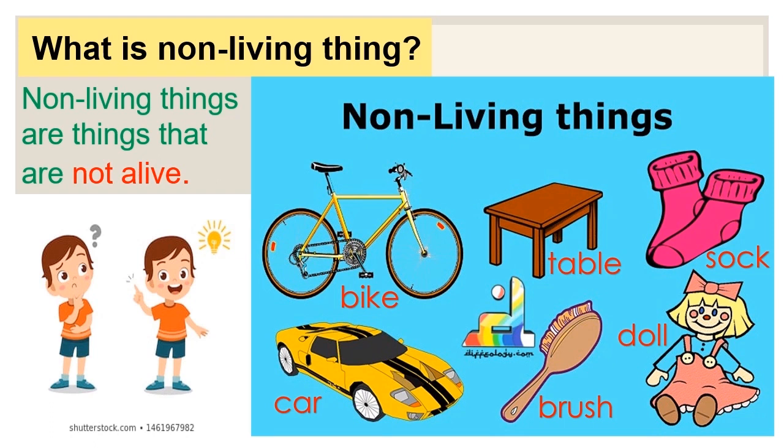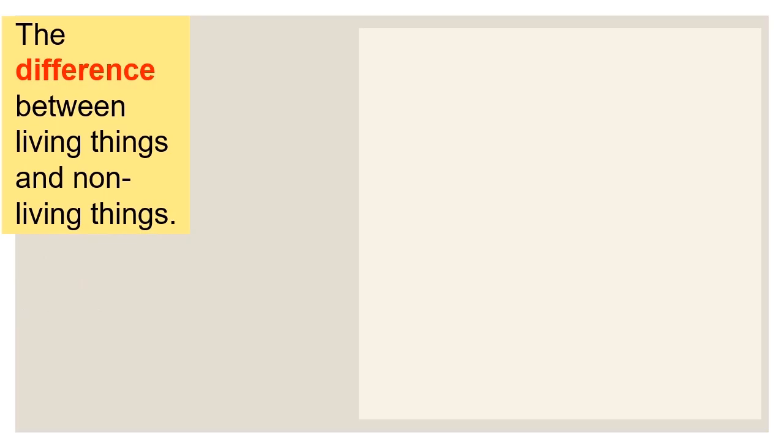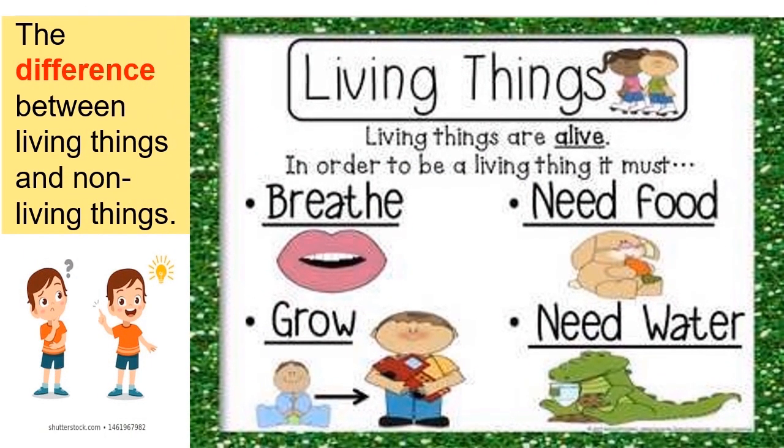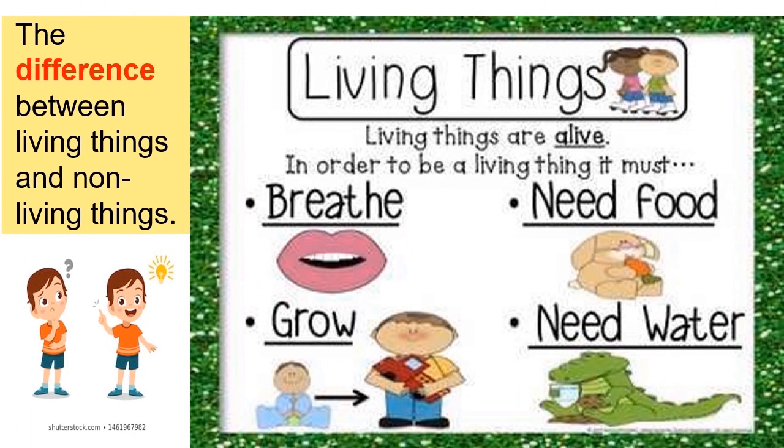Alright, so now the difference between living things and non-living things. So what are the differences between these two, living and non-living things? Let's go to the living things first. Remember that living things are alive. So in order for them to survive, they need air.